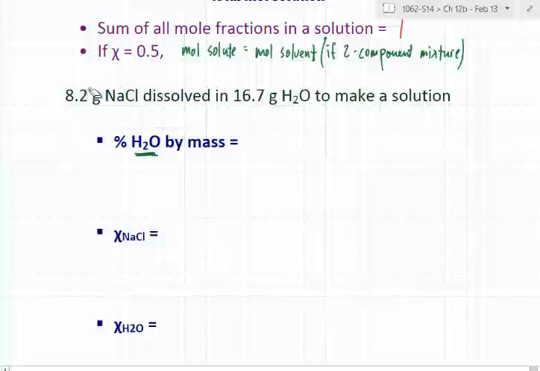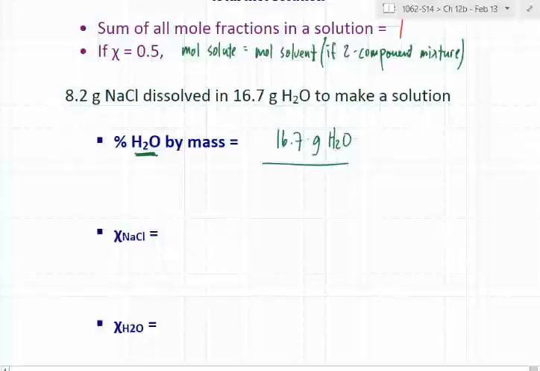We're so used to thinking of, if sodium chloride is dissolved in water, what is the concentration of NaCl, but we don't have to. We can talk about the concentration of water, too. When I do percent of something by mass, we'll want to have the grams of that substance up on top. So in this case, it's going to be grams of water on top, right? Just what we got right there, 16.7.